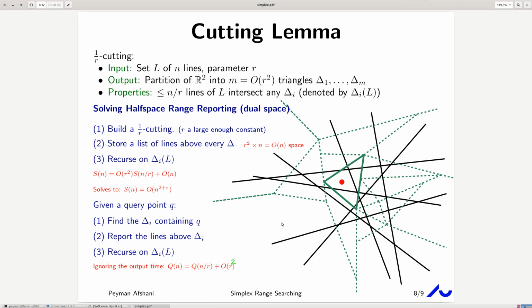The difference here is that I only recurse on one triangle, with a subproblem of size n over R. You don't need exercise class to analyze this. Technically it solves to R squared log n, because at every level of the recursion I'm doing R squared work. But since R is a constant, it is absorbed in the O notation, so it just solves to log n.